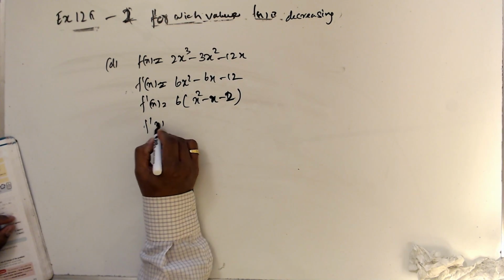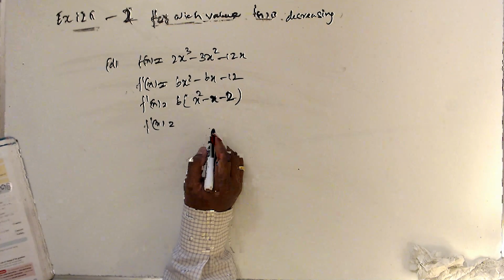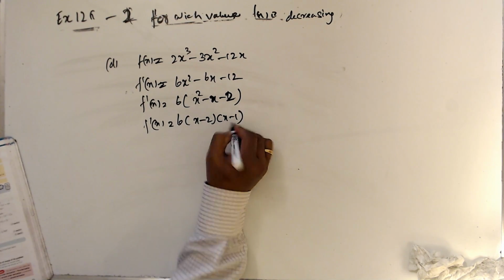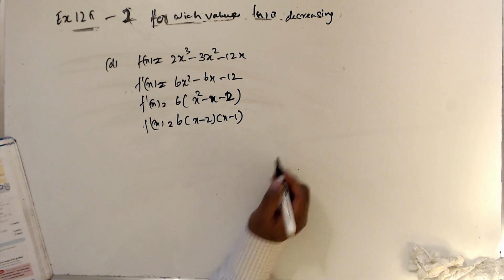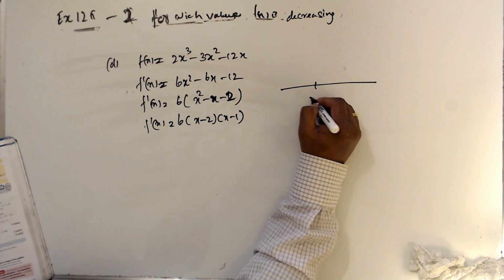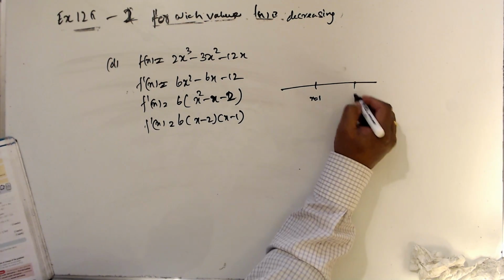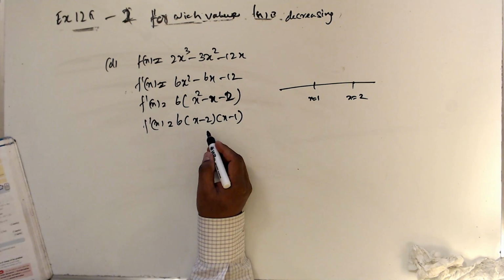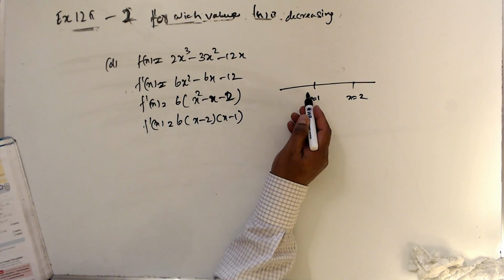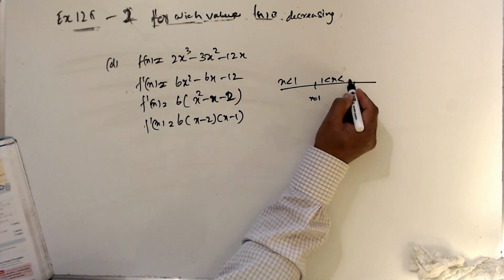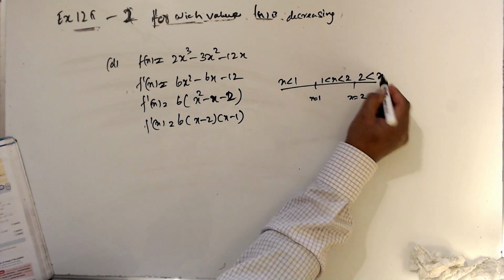So f dash x equals 6 times x minus 2 times x plus 1. Now I can see that this has x equals 1 and x equals 2, right? So I want to assess what will happen for x less than 1, then 1 to 2, and then greater than 2.